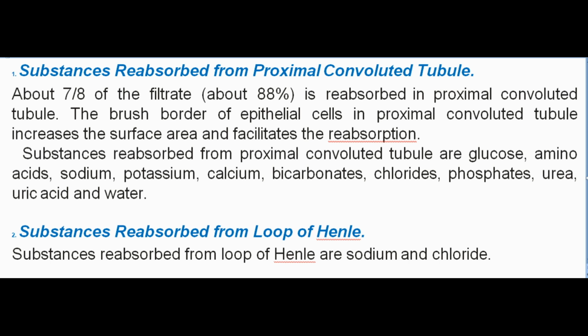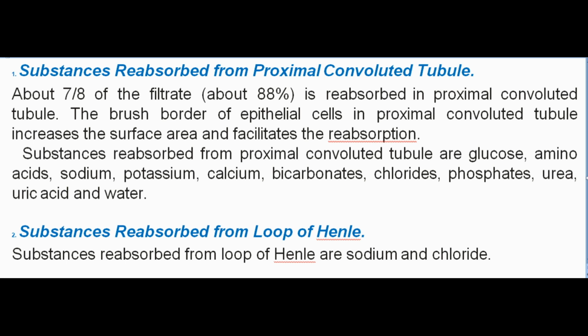The brush border of epithelial cells in proximal convoluted tubule increases the surface area and facilitates the reabsorption. Substances reabsorbed from proximal convoluted tubule are glucose, amino acids, sodium, potassium, calcium, bicarbonates, chlorides, phosphates, urea, uric acid, and water.